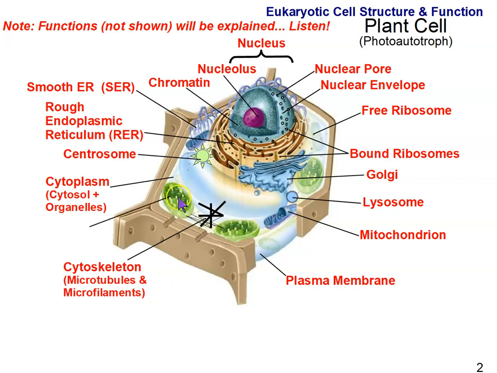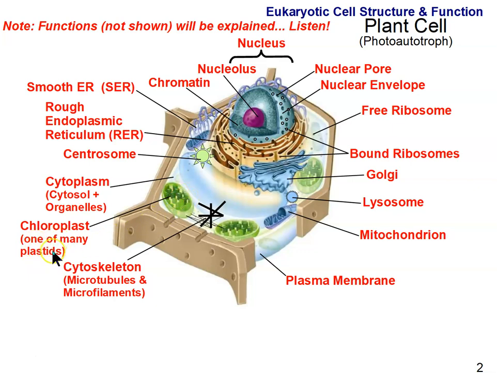Then, of course, this is a plant cell, so we have to identify the chloroplasts. But again, not all plant cells have chloroplasts, only the ones that are specialized for photosynthesis, which is one of many plastids. So, turns out chloroplasts are just one kind of plastid that you'll find in plant cells that are carrying out a variety of functions.